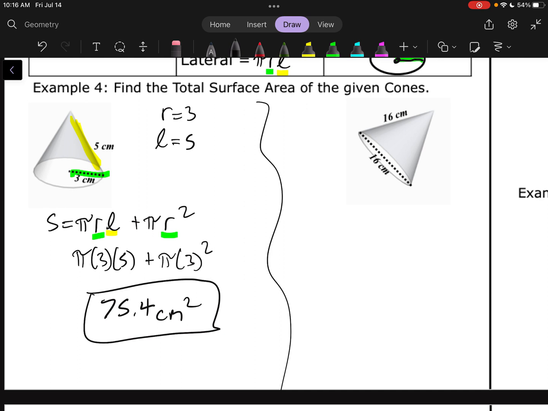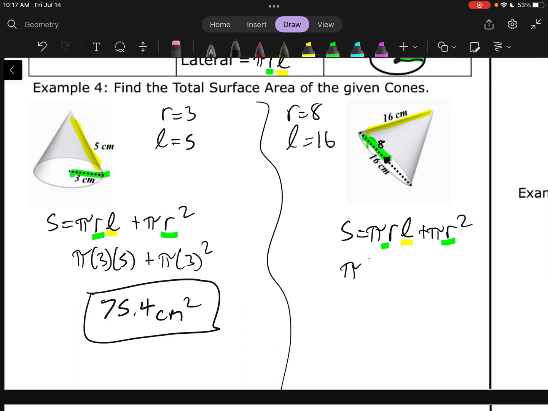And then for our second one here, same idea, pi r l plus pi r squared. Our slant height is the 16. Our radius should be 8, since we're not going to use the diameter there. Radius is 8, slant height is 16.